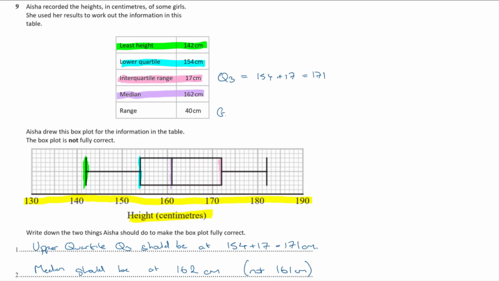The greatest height then should be at 142, the least height plus the range, that's 182. Now, actually, that is correct. Ran out of colors. Maybe use yellow again. So then the greatest height should be 182, which is correct. That one is all right. Okay, so we found all the errors. It's the median, and it was the upper quartile that was wrong.